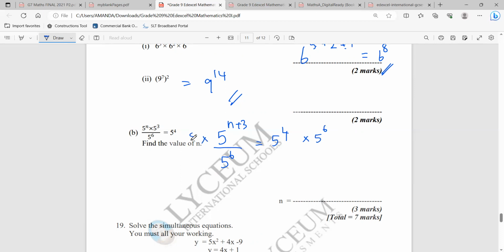When you do that, 5 to the power n plus 3 equals 5 to the power 10. Same base here, which means the powers are equal, so n plus 3 equals 10, and n is 7. So if n plus 3 equals 10, n is 7. That's also done.